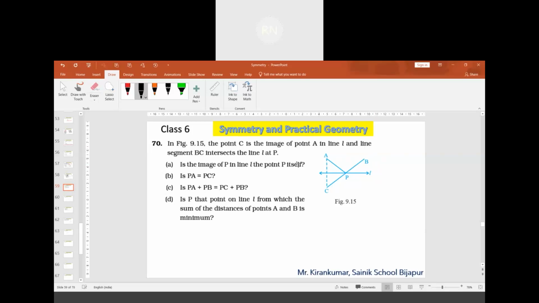And line segment BC intersects the line at P. Is the image of P in the line L point P itself? If you consider L as a mirror, will the image of P lie on P only? That is what the question is.